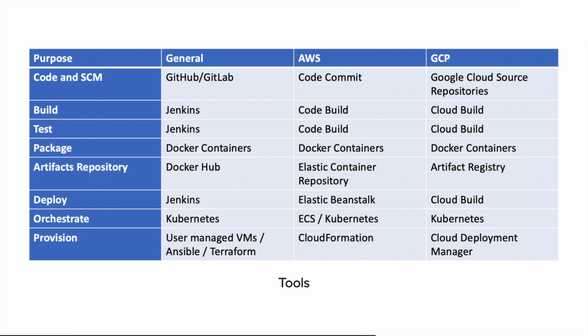In case we have a larger number of containers in our application, we use Kubernetes to manage those Docker containers. And for provisioning of such resources, we use Ansible or Terraform scripts. Similar toolsets are available on cloud platforms like AWS or GCP. You can find the respective names of them given here.